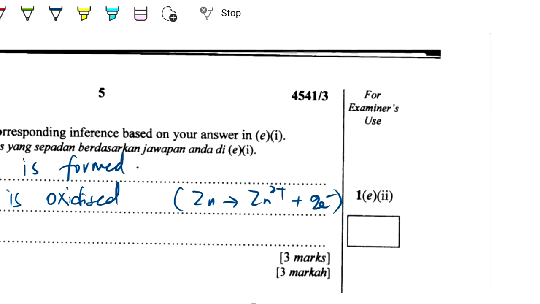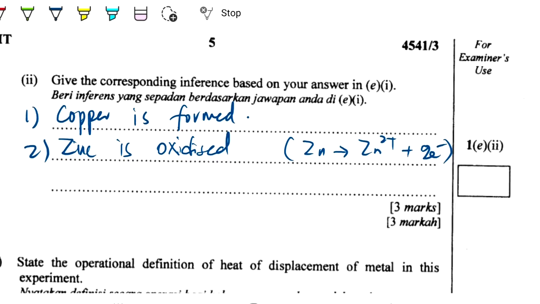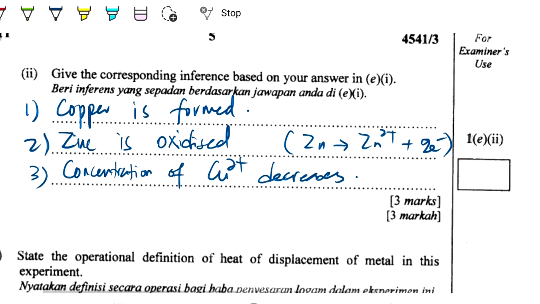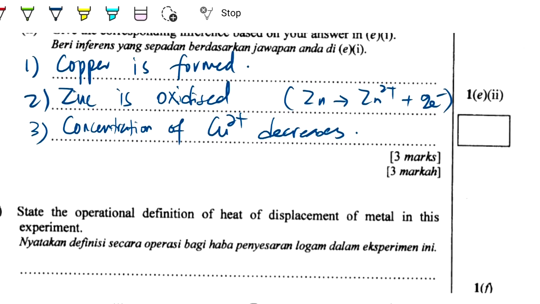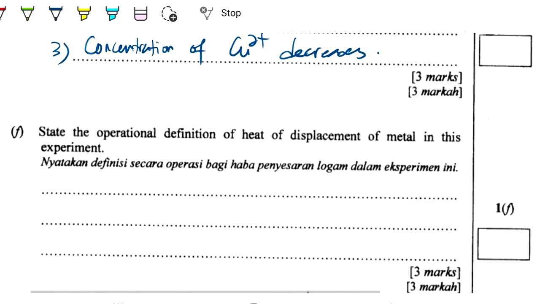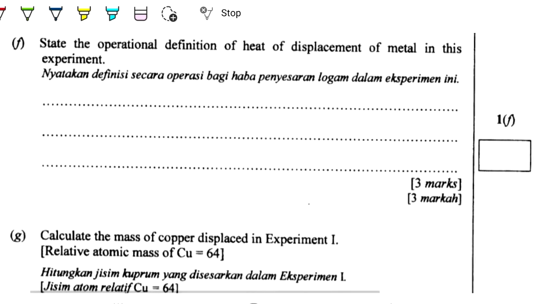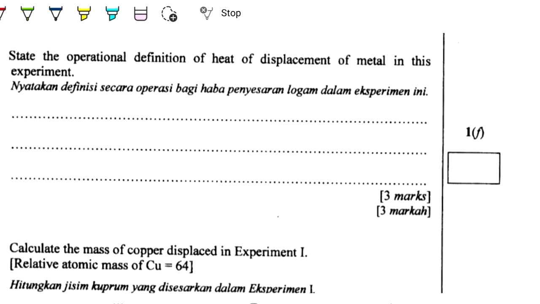This is oxidation. Number 3, you can mention the concentration of copper 2 ions decreases. So any two, whichever you choose, you must follow the correct inference.